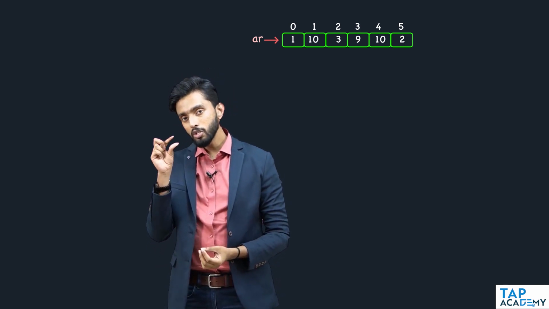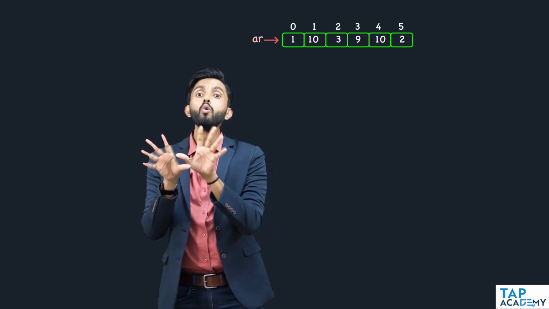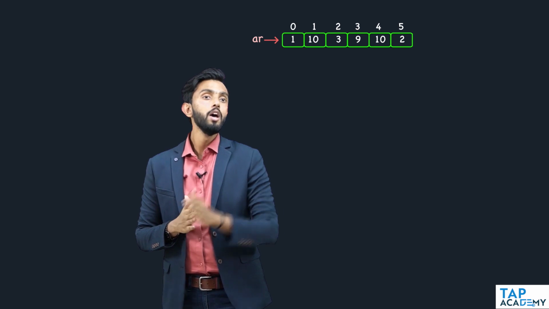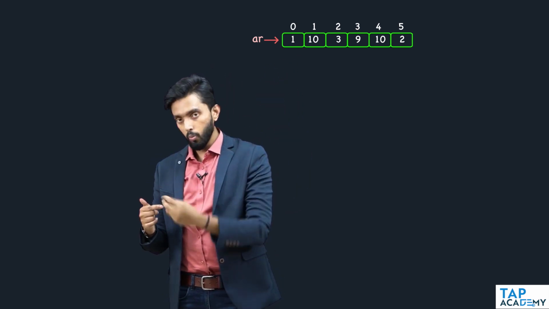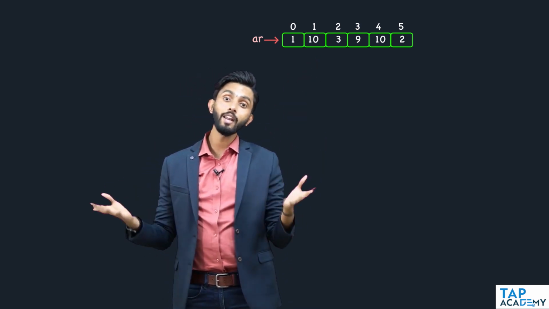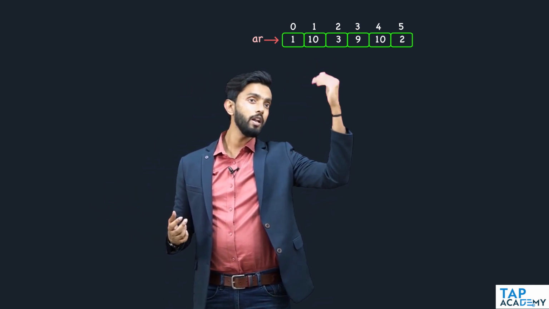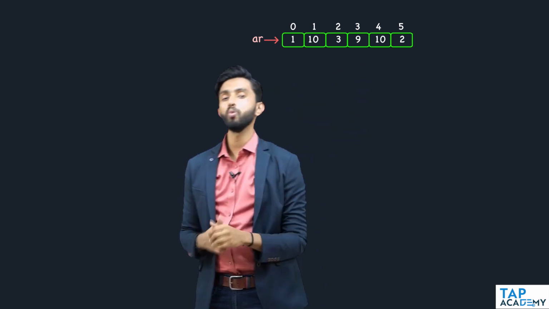First it will be a small bud and then slowly it will open up. One fine day it will bloom and become a complete flower. So the first flower takes 1 day to bloom. The second flower takes 10 days, the third flower 3 days, the fourth flower 9 days, the fifth flower 10 days, and the sixth flower 2 days.